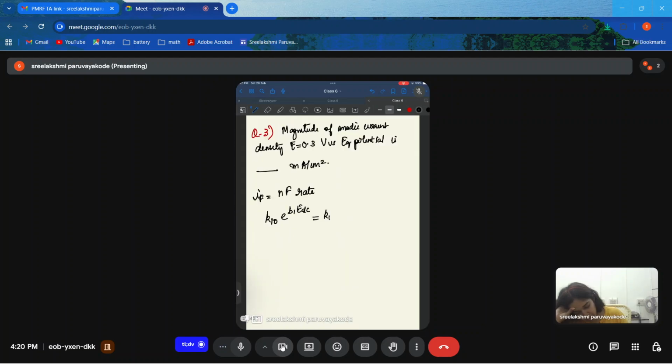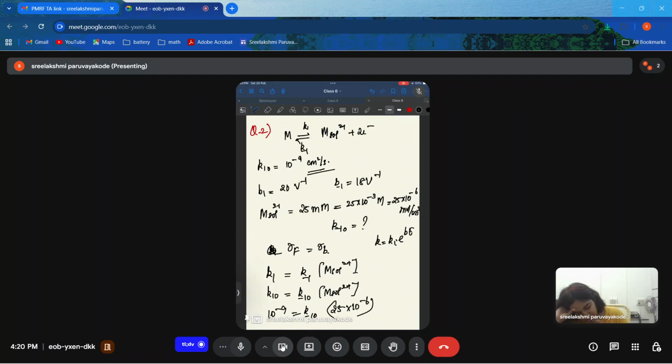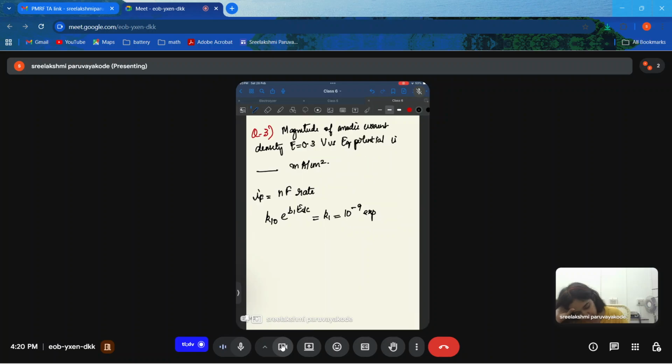So that is 10 to the power minus 9 exponential of 20 into 0.3. So 10 to the power minus 9 into 403 is the value you will get.